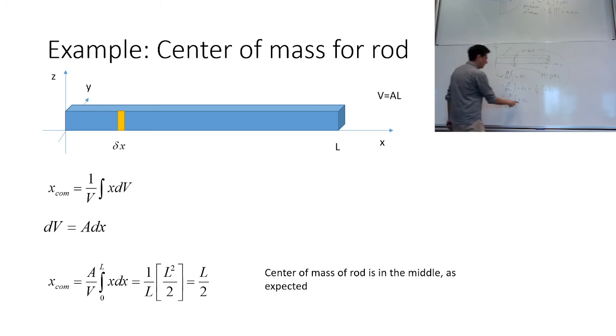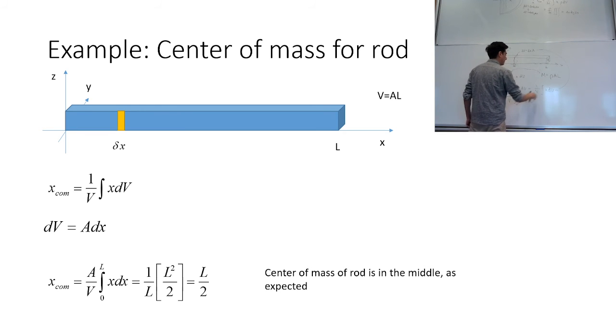The limits of this integral: I'm going to integrate from the left side to the length of the bar, so this integral is just 0 to L. Now that we've got it like this, it looks pretty easy. We can just integrate this thing.